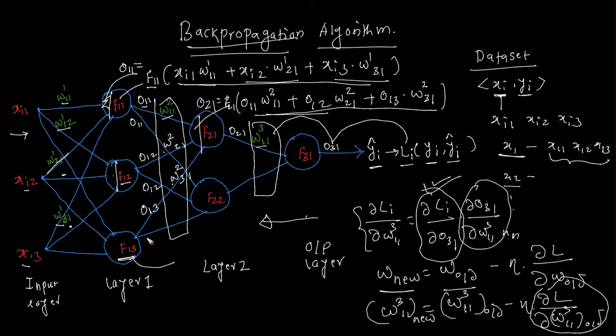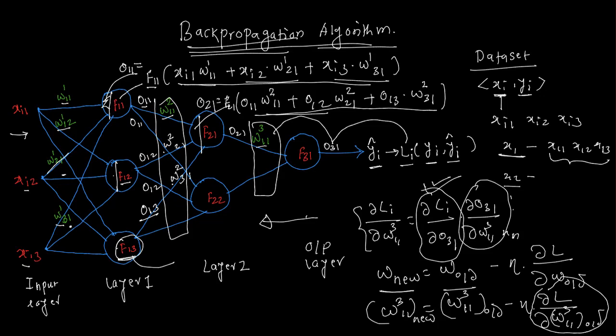Though we are calculating derivatives of outputs, these outputs come from the activation functions only. That means ultimately we are calculating the derivatives of the activation function. If they are not differentiable, this backpropagation algorithm will not work because we'll not be able to compute the derivatives. So these activation functions must be easily differentiable. That's the important point, right?